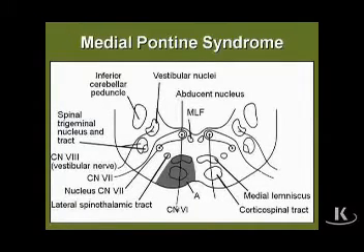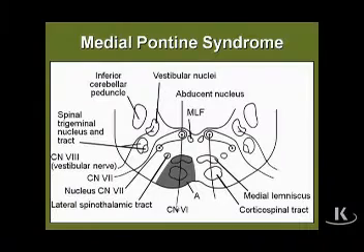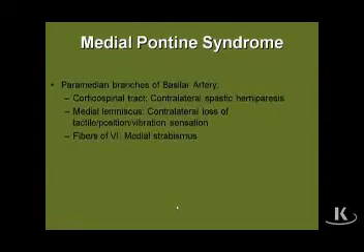So this patient is going to have basically a strabismus instead of the tongue weakness that we saw in a corresponding lesion in the medial part of the medulla. So again, here's the story.